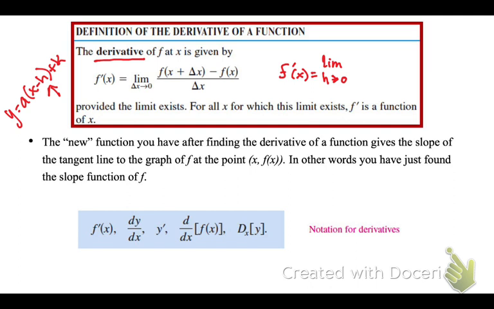Isn't change of x horizontal movement? You're bringing those two points closer and closer together, so you get that one exact point you want. So we can write it with an h, which might be a little bit easier to write out, but is it any different? No.